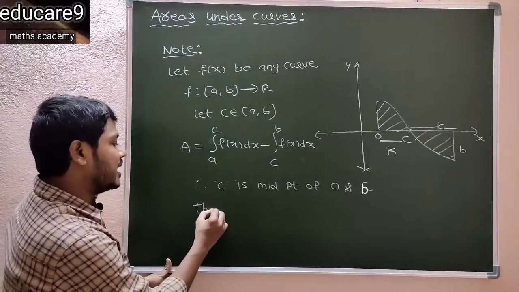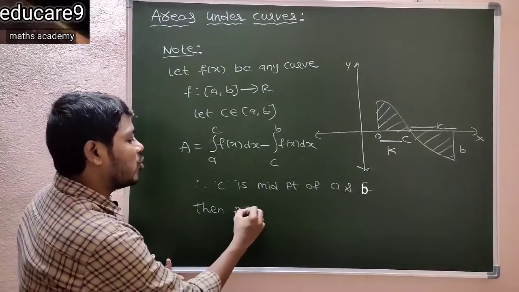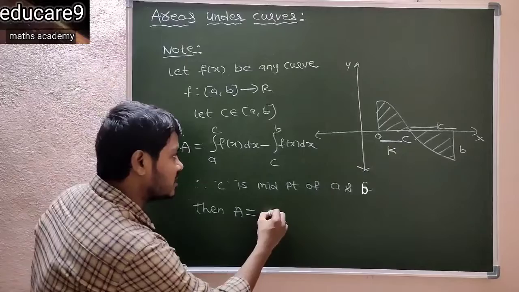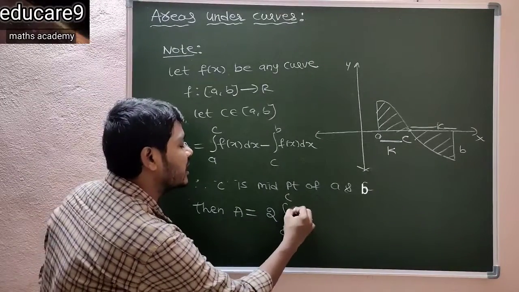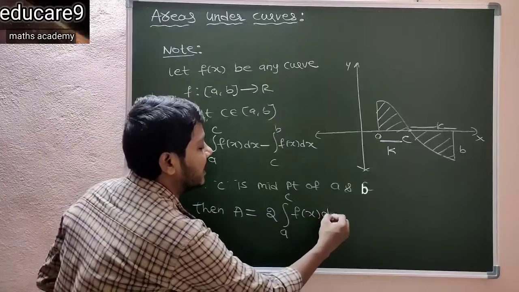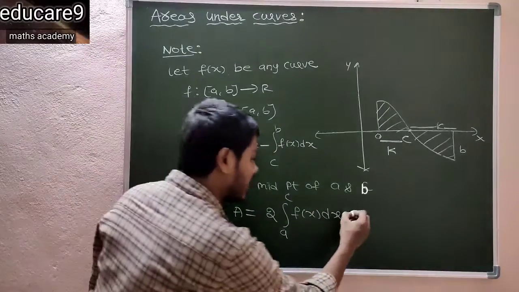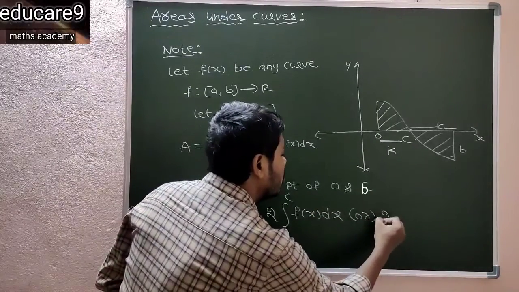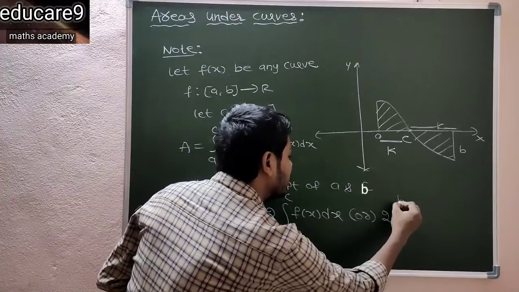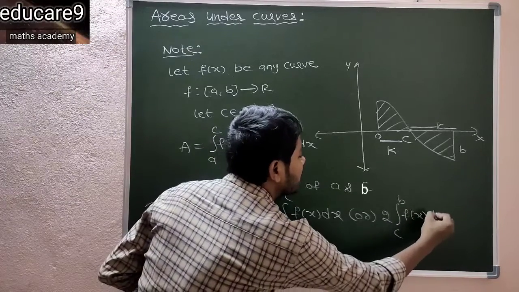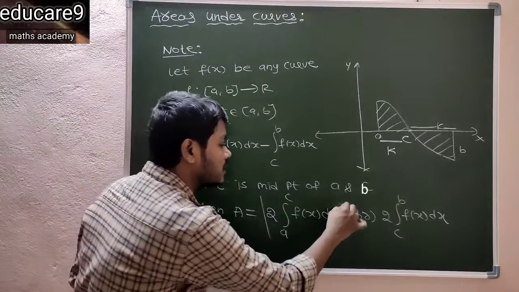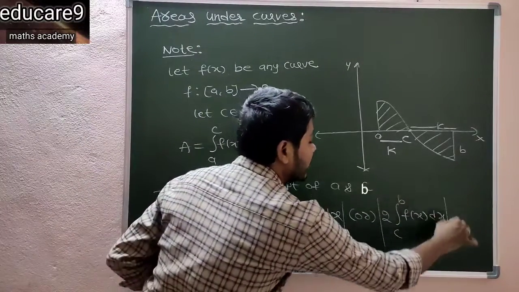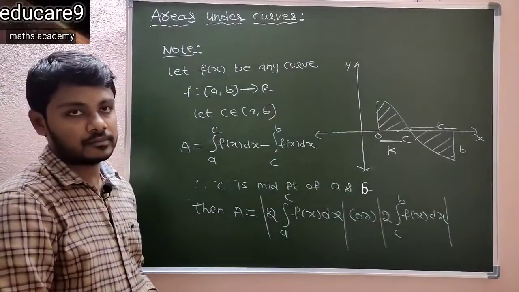So in that case the required area can be written as 2 times the integral a to c f of x dx, or 2 times the integral c to b f of x dx. Here we have to take the modulus, because area is positive only.